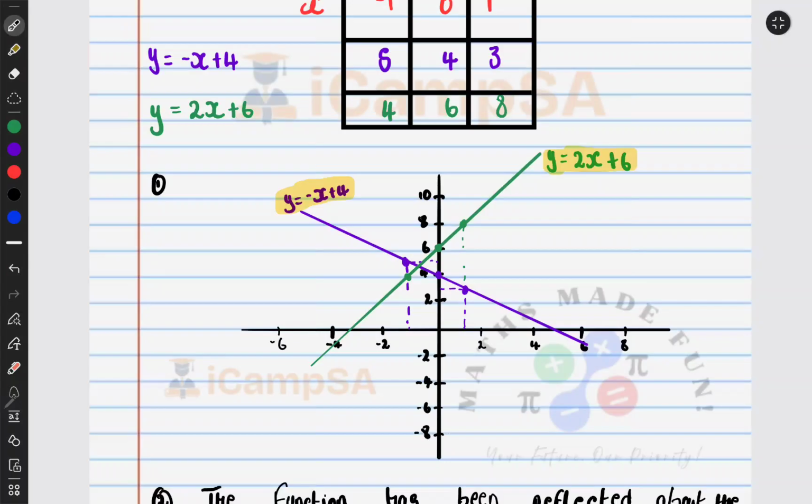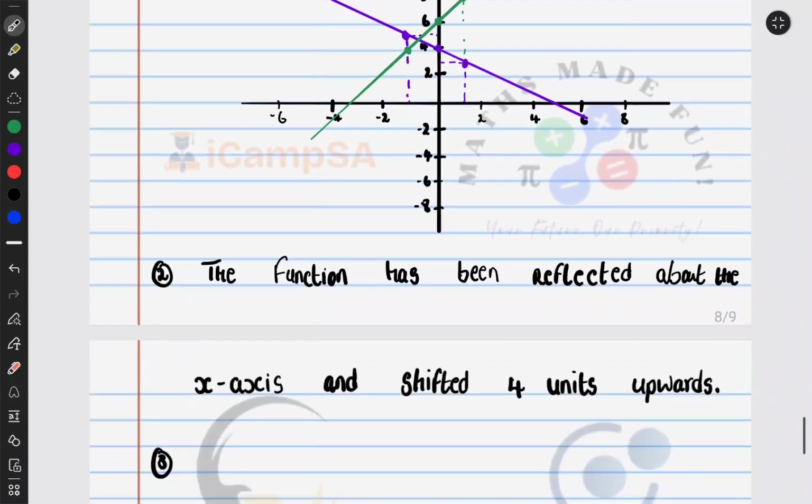So what happened here is that the steepness or the gradient of the function has been increased by a value of 2, or we can say it has been multiplied by the value of 2, and then the function was shifted 6 units upwards.